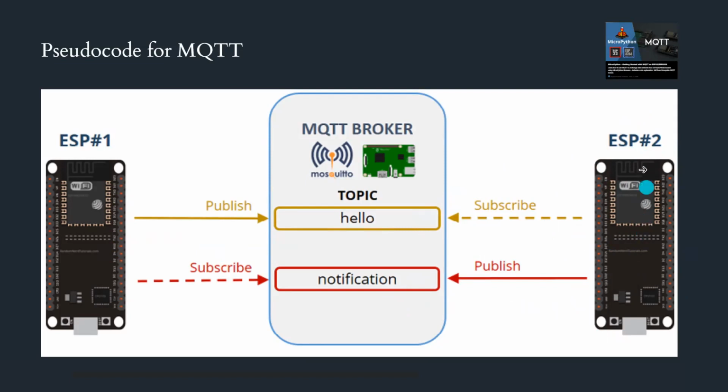To do that, we need to define certain parameters, such as the topics to which each microcontroller board is publishing and the topics to which it is subscribing. There are two functions, publish and subscribe.